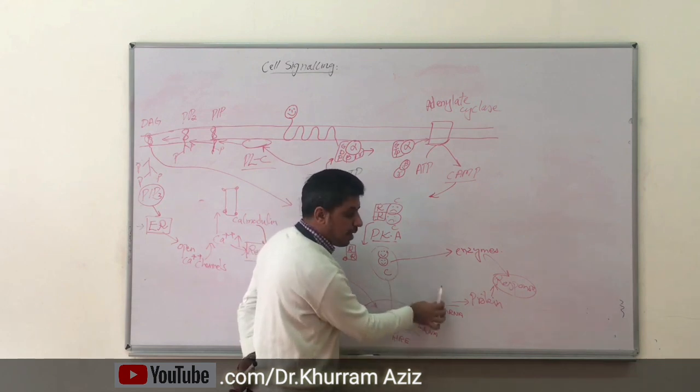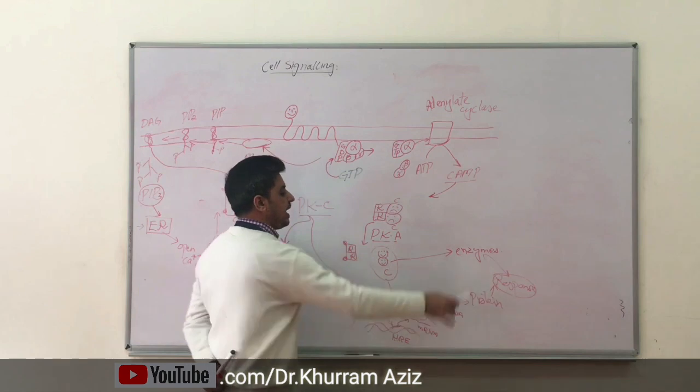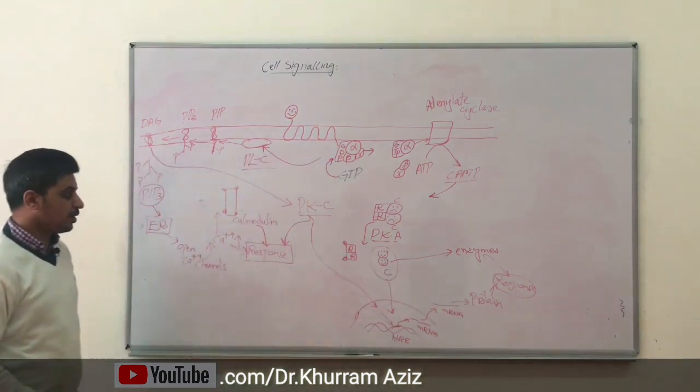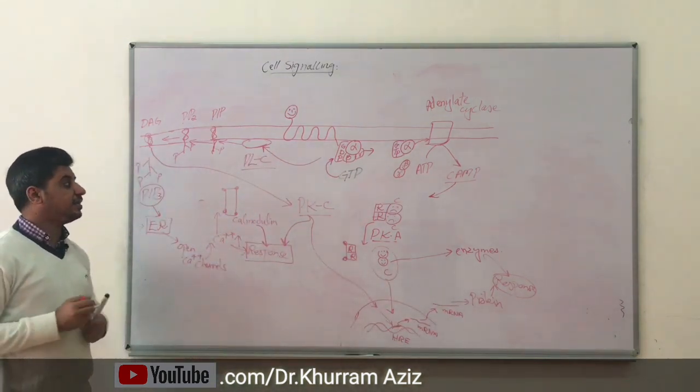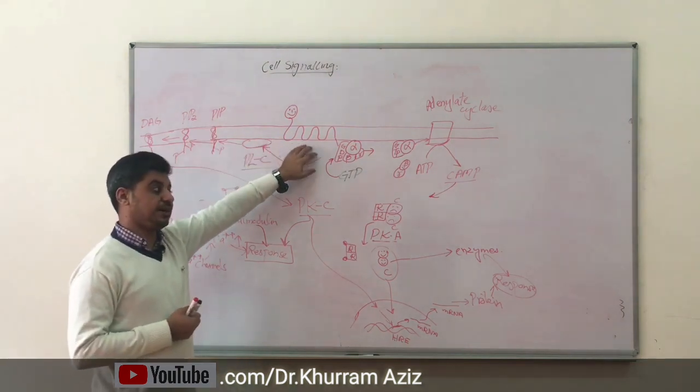The messenger RNA will come out into the cytosol, form the protein, and we will have a response. So this is the signal cascade that works with the help of this G protein coupled receptor.